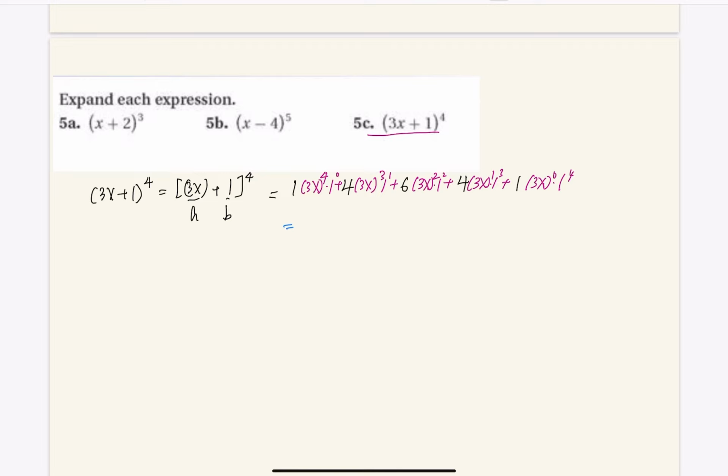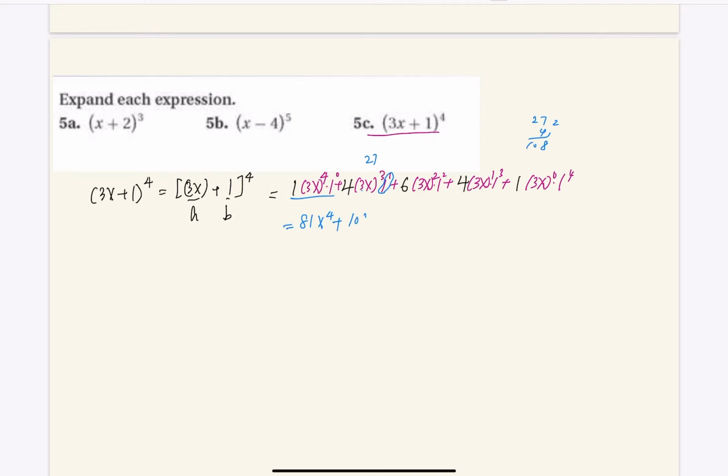Okay, and then simplify. 1 times (3x) to the fourth power. 3 to the fourth power is 81, x to the fourth power times 1 is just 1. And then 1 to the 1 power is 1. So you do 3 to the third power, which is 27. 27 times 4 is 108.